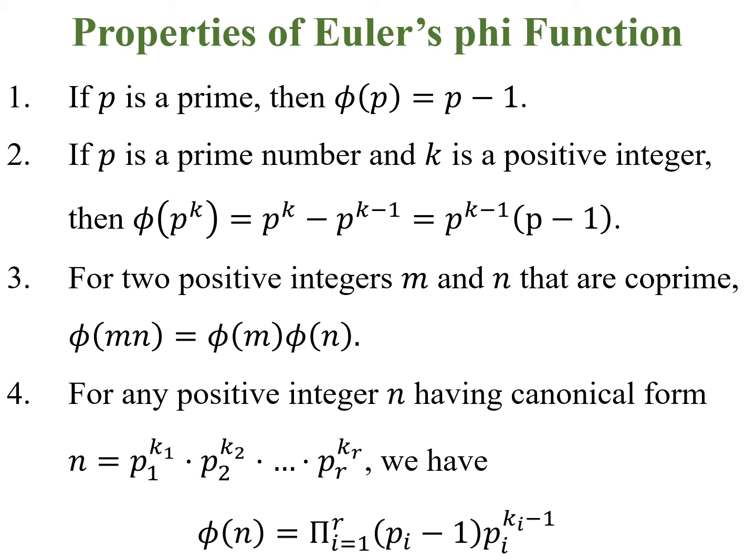Again multiply it with p2 raised to k2 minus 1 and with p2 minus 1, up to pr raised to kr minus 1 multiplied with pr minus 1.